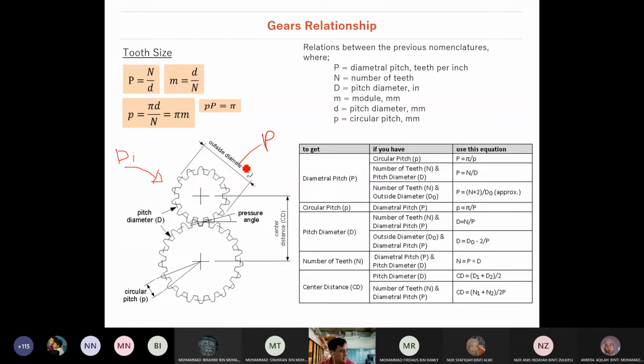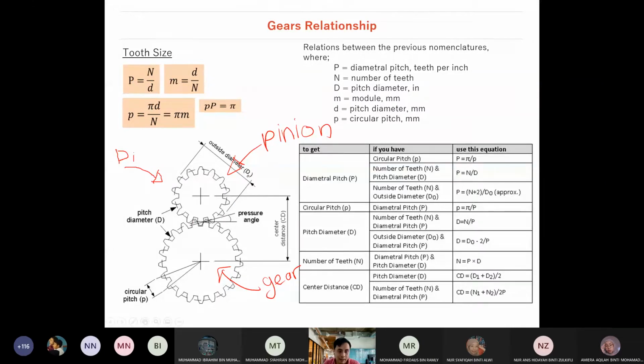This gear we call the pinion. What is the characteristic of pinion? Usually gear ni adalah lebih kecil berbanding dengan second gear. So the second gear we call the gear. Kadang-kadang soalan tanya, there's a pinion of 15 teeth mating with a gear of 30 teeth. So pinion refers to the smallest gear.